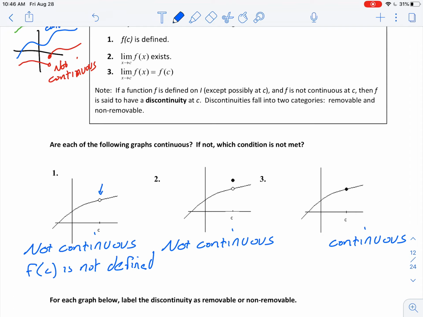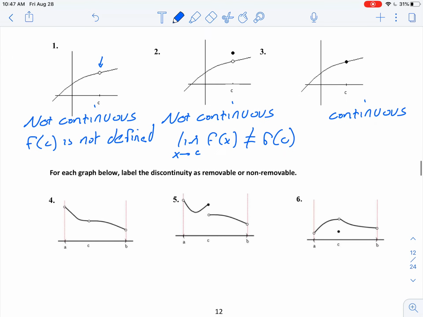The condition that's not being met here is the third one. The limit as x approaches C of f of x is not equal to f of C. Okay, and the third one, well, it is continuous. So it meets all the conditions.